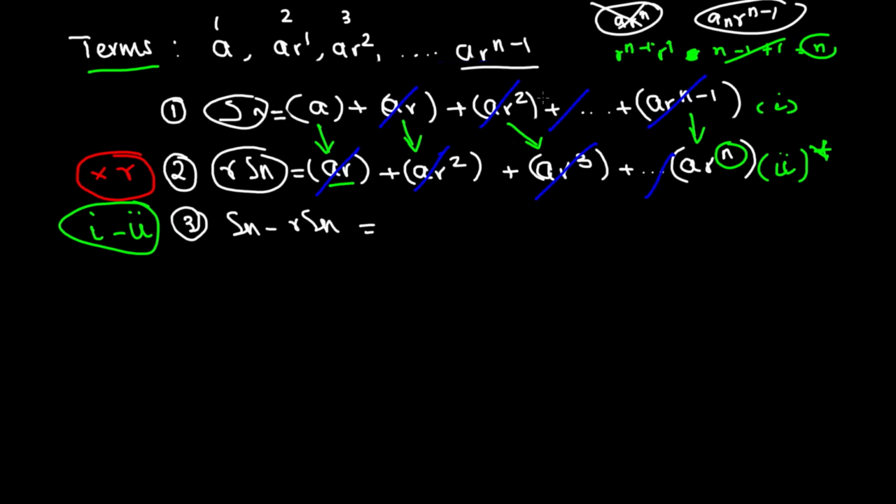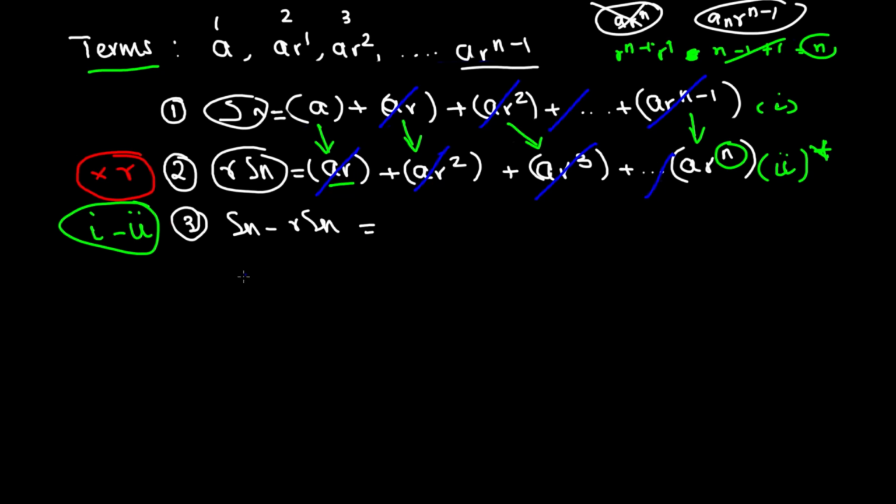We could have actually written here n minus 2. Then once we multiply with r, we would have had this term here and that term there, so these two would have cancelled out. But it doesn't matter. We know that term actually exists before this one, so we cancel it.